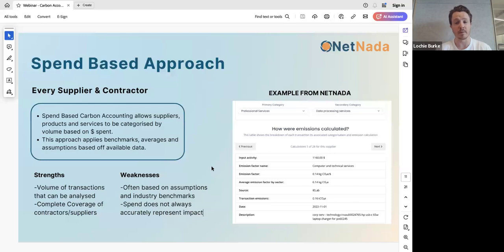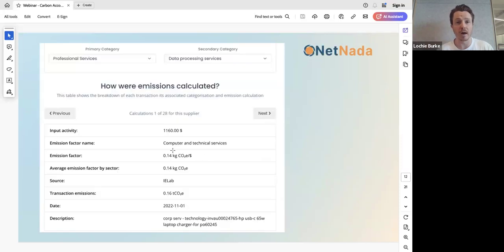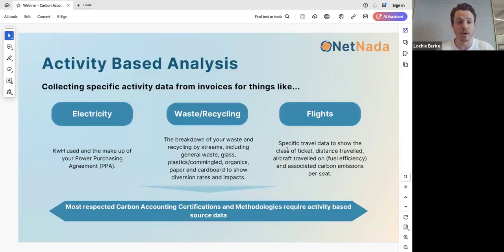And to the question in the chat, how do I reduce this? Obviously, no one in carbon accounting is asking you to just start spending less, because that is not always something that a growing business, or any business for that matter, can do. But what you can do, and what Alex has highlighted here, is get more granular data from the suppliers. You can work to get activity data, which is the specific units of measurement relevant to those scope 3 emissions.